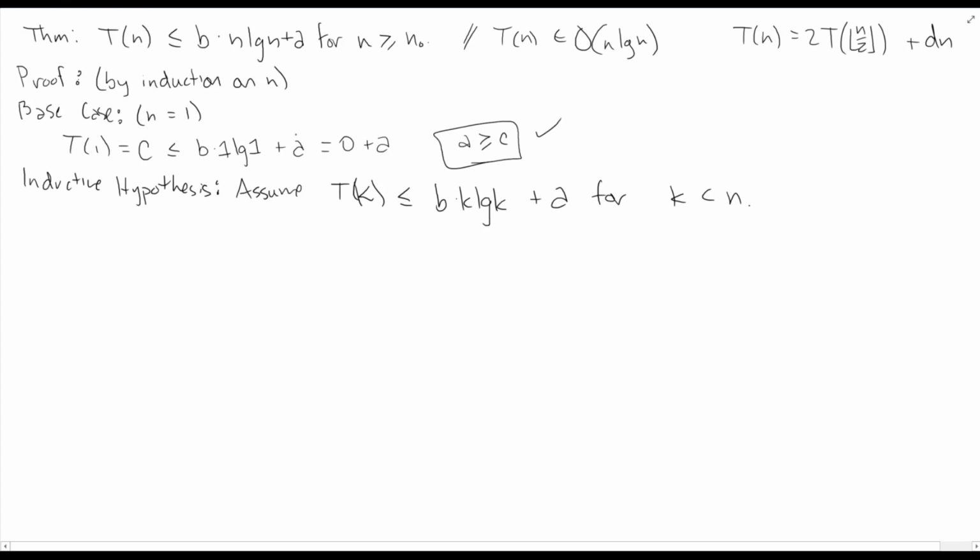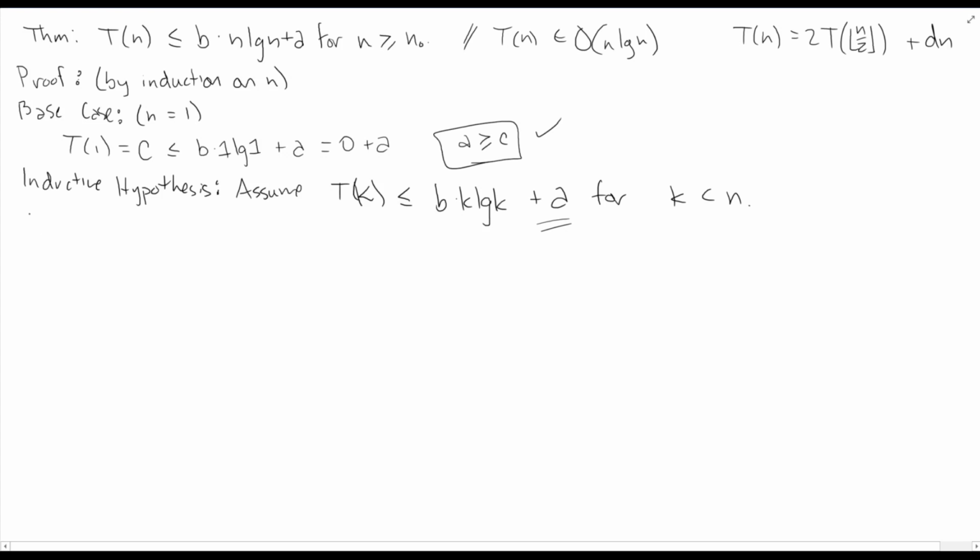Okay, we see here that when we copy down the theorem we want to prove in our inductive hypothesis, as we've been doing, but rewriting it in terms of k, we have to keep in mind that this plus a does come down as well. We don't lose it. We don't just use it for our base case and then ignore it. It has to be there for the entire proof.